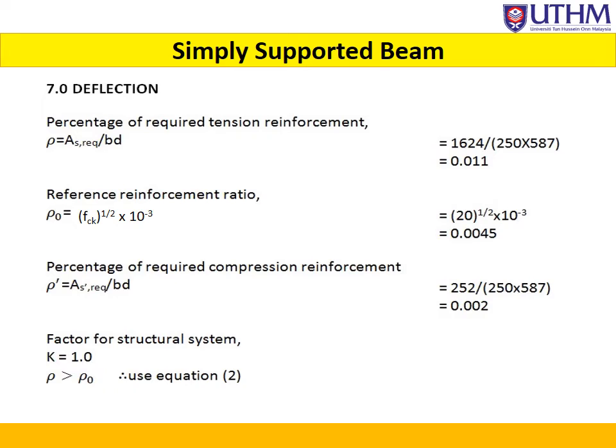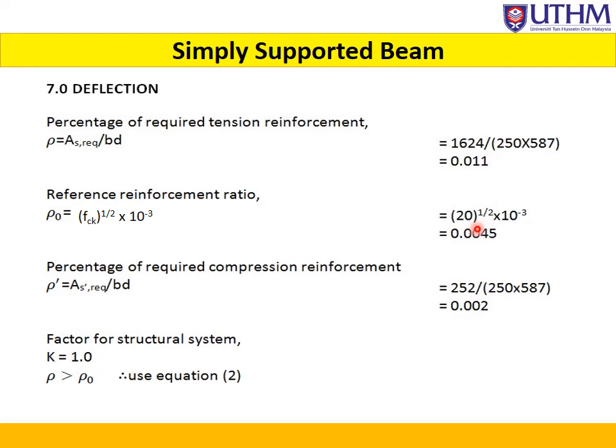We check the deflection for the beam. We calculate first the percentage of required tension reinforcement. This is the area of tension required divided by B times D. We get 0.011. This is the reinforcement ratio.